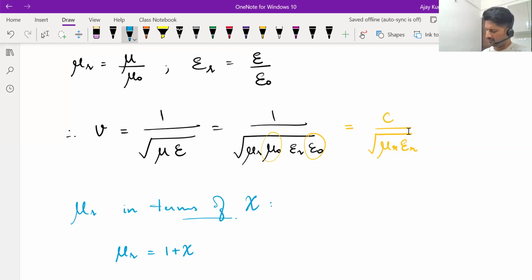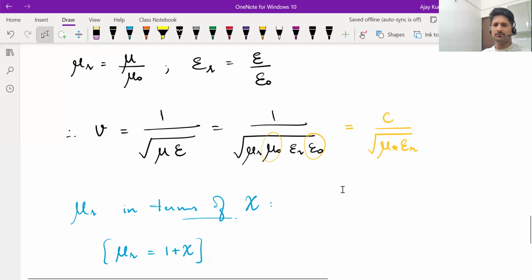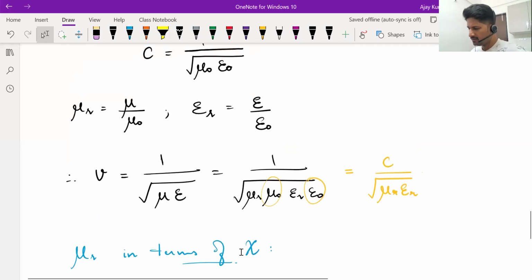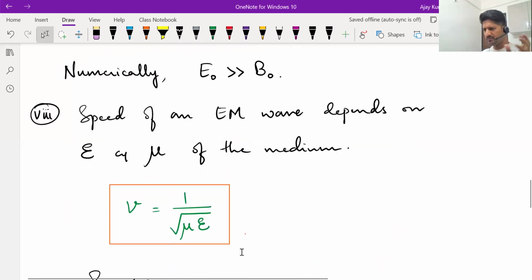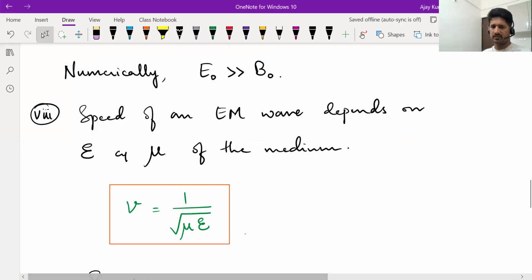Chi, whatever you prefer calling it. So it all depends on what information they want to give you and how much they want to test you. They can tell you mu r values directly. They can say that the wave is propagating in vacuum, or in some other medium they can give mu r, epsilon r, or they can give mu, epsilon of the medium directly, or they may give you susceptibility if they want to test this also. So simply based on the properties of the medium in which it is propagating, you can tell with what speed it is traveling.